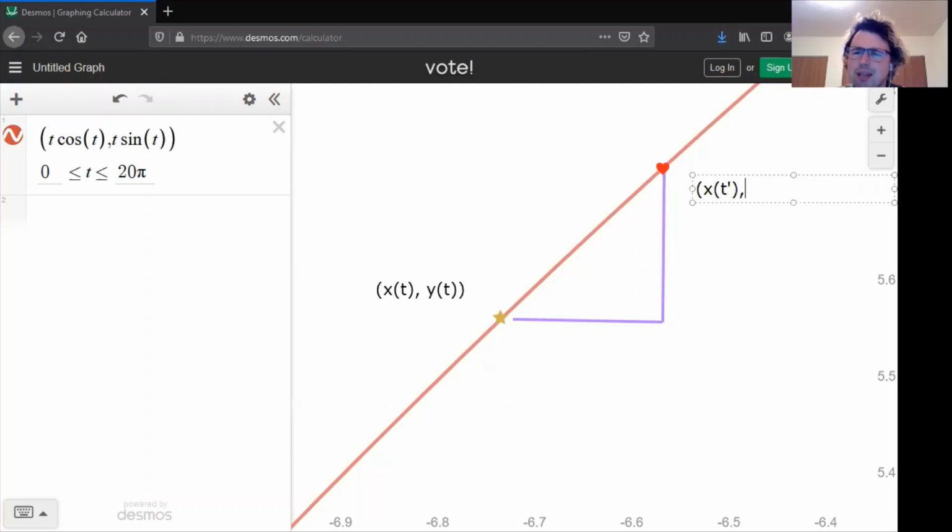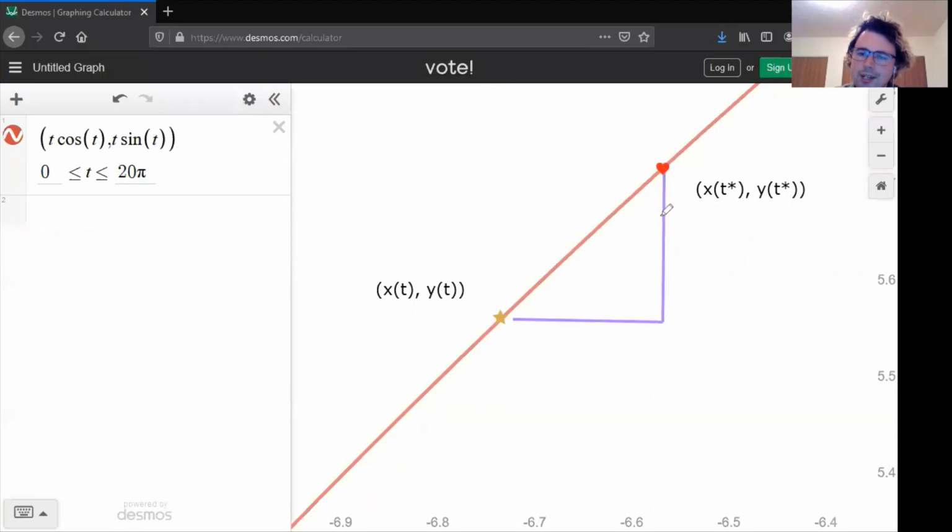So prime here just means that it's different from the t. Maybe t star, so that we don't get confused with the derivative. We're not doing a derivative just yet. Similarly, the y function is the same, but the t coordinate is different. So these would be my two different coordinates.